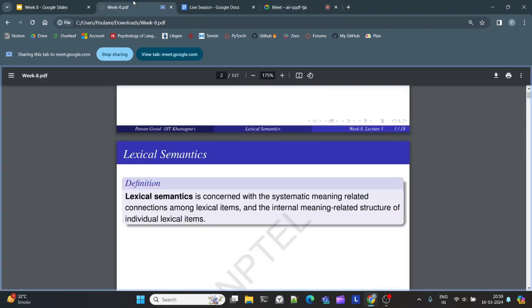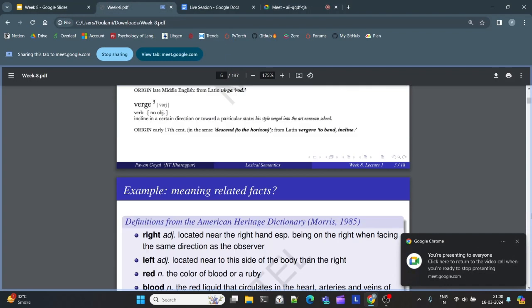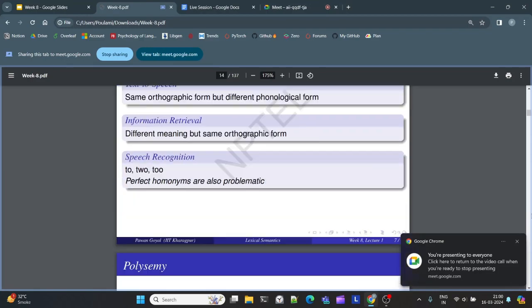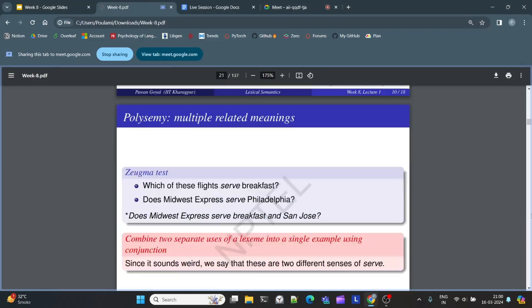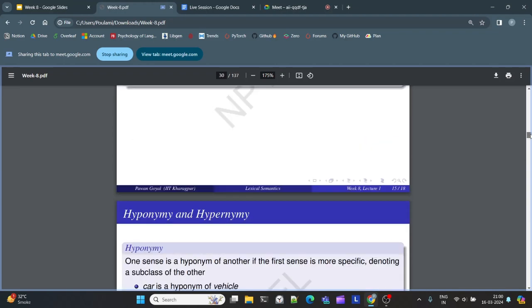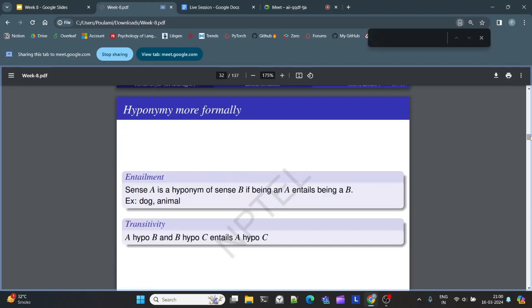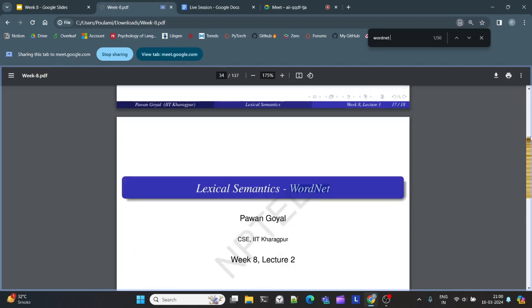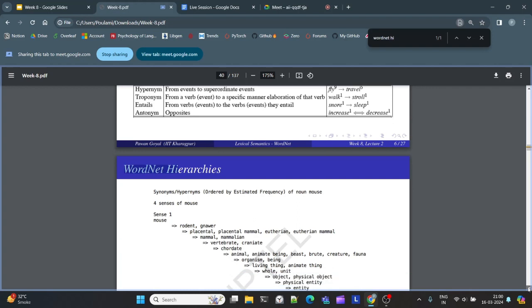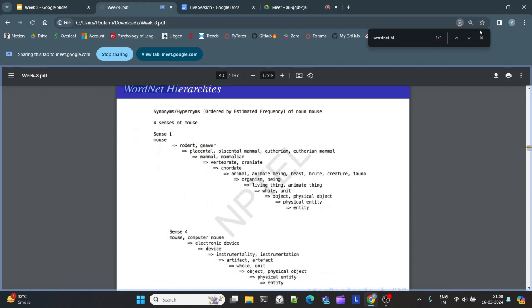The WordNet hierarchy. Do you know the page number by any chance? This one you're saying? Yes, ma'am.